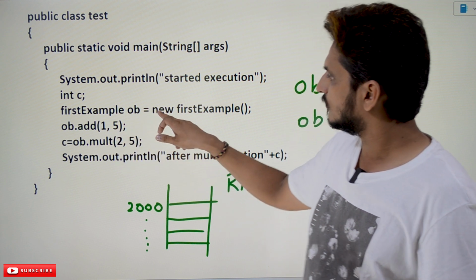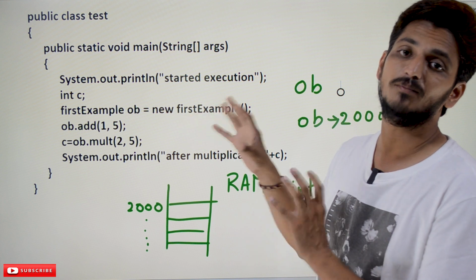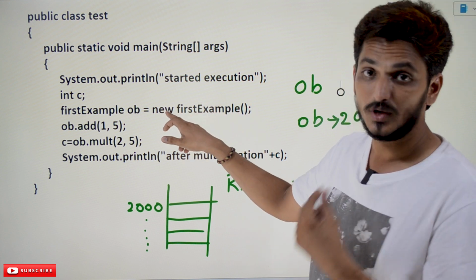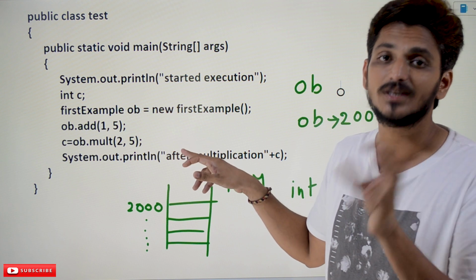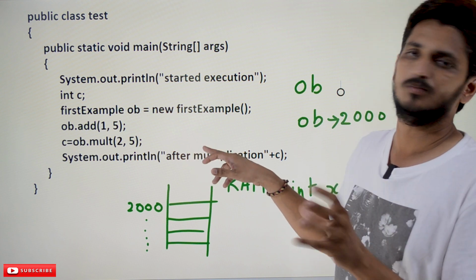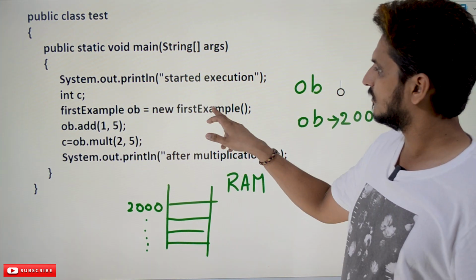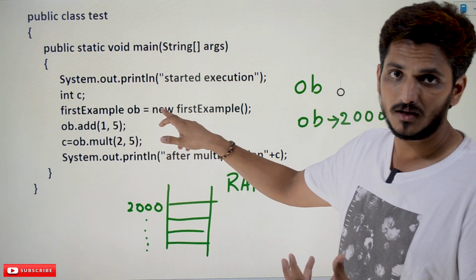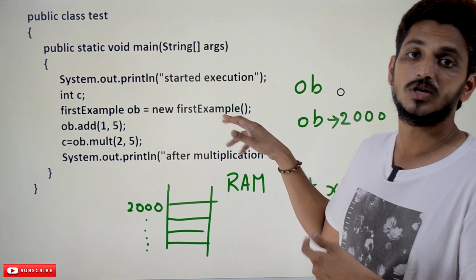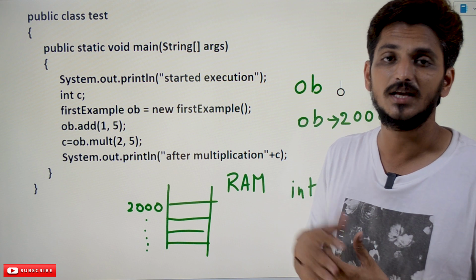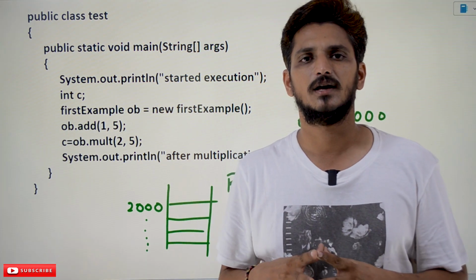But in the continuation, equal to means we are assigning something. new is a word which is used to define the object, meaning it allocates some space for this object. new firstExample(): new allocates memory for which class? The firstExample class. So now the object has been created. Whenever memory is allocated, an object is created.